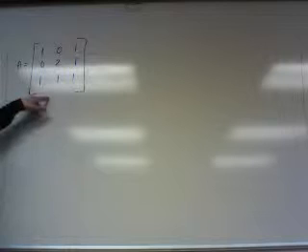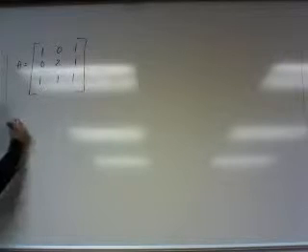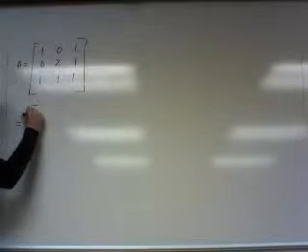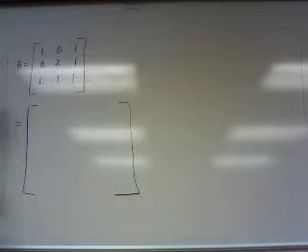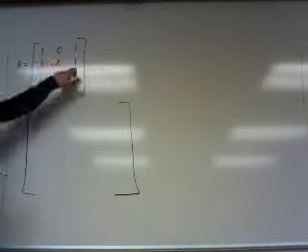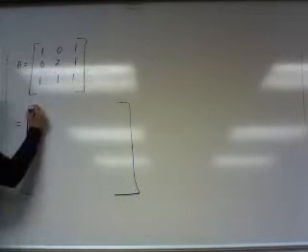So the first thing you want to do is find the matrix of minors. How we do that is create a really large matrix. You have 9 spots, and there's going to be 9 spots on here. So I'm going to actually fill these in.